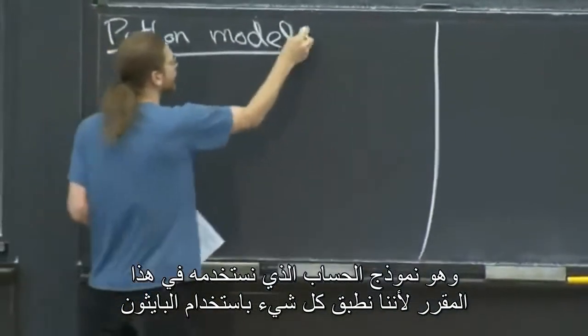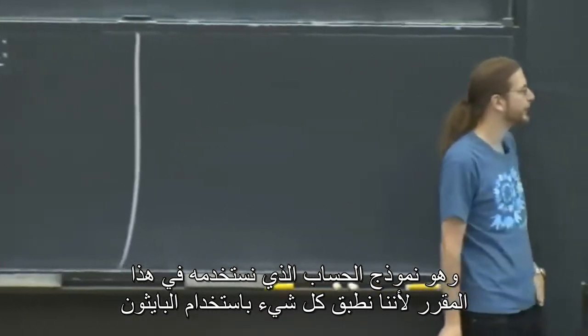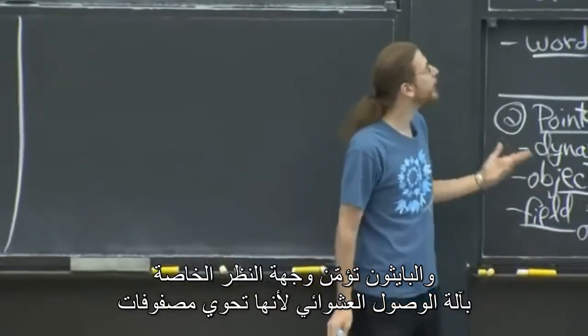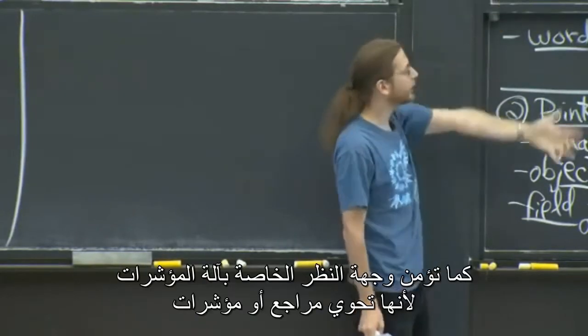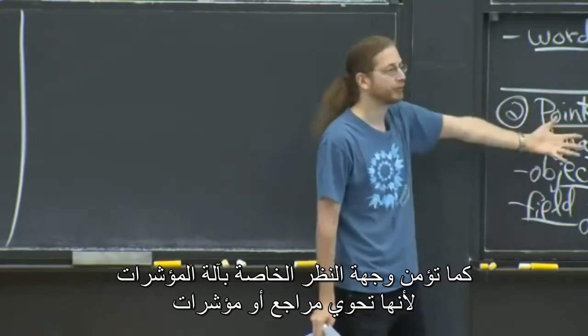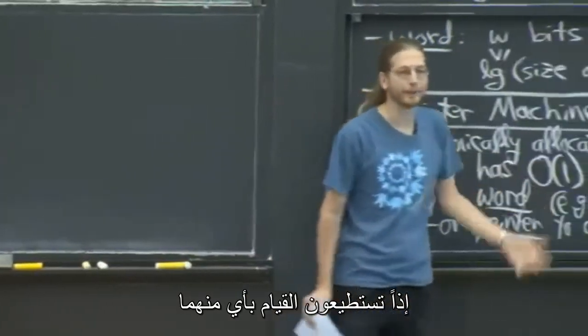And it's the model of computation, in some sense, that we use in this class, because we're implementing everything in Python. Python offers both a random access machine perspective, because it has arrays, and a pointer machine perspective, because it has references, because it has pointers. So you can do either one.